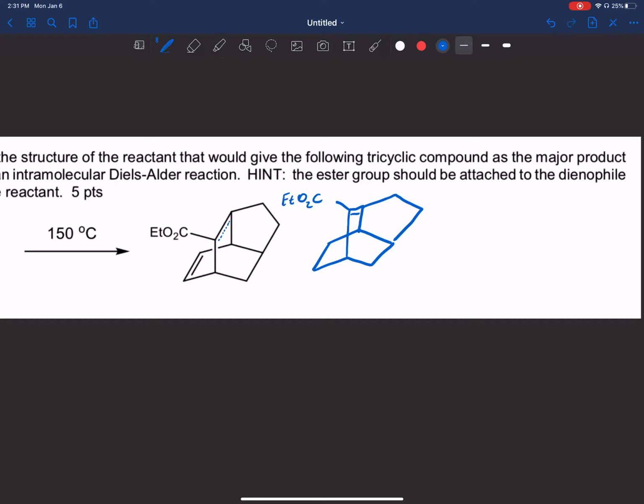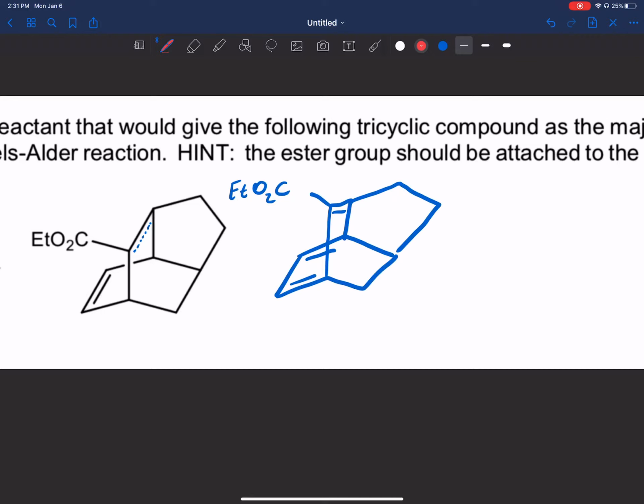So I'm putting that double bond there. Step 2 was to put the double bonds here. And now we have to break those single bonds. Remember, we break the ones adjacent to that dienophile. This one and this one.